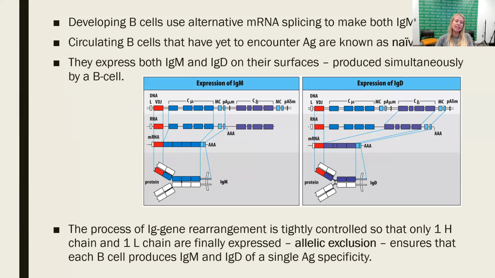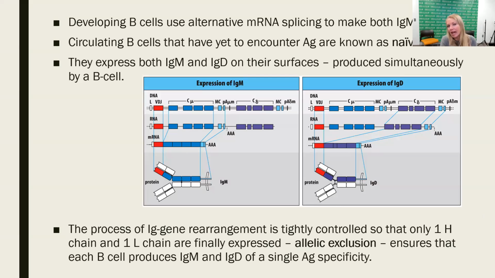Now, DNA, okay, sorry. Developing B cells are going to use an alternative mRNA splicing event to make IgM and IgD. I think my picture might be over that, but it says IgM and IgD.